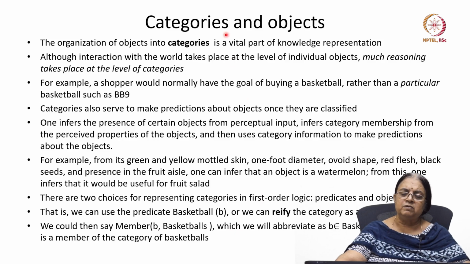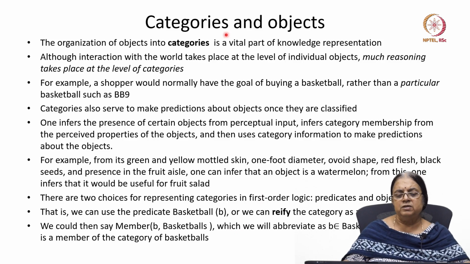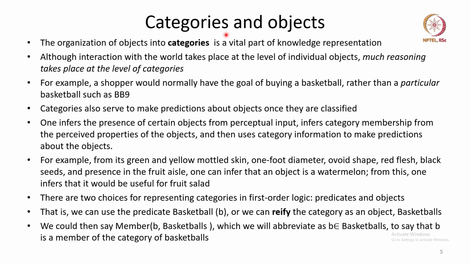So the first one is what is called categories. Okay. So you can organize objects into categories. Okay. So we can say, for example, you can have a category which says balls, or basketballs, etc. Or you can say tomatoes, you can say tomatoes is a category.